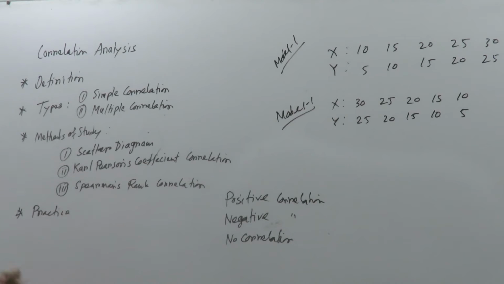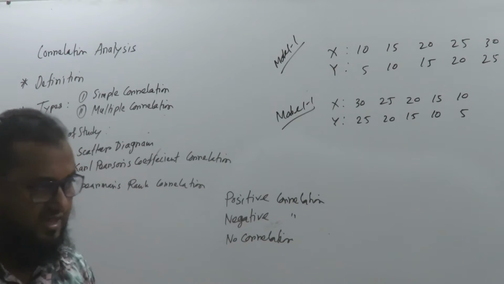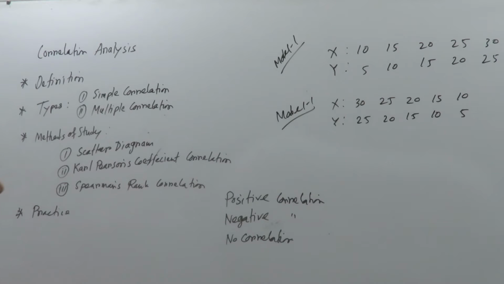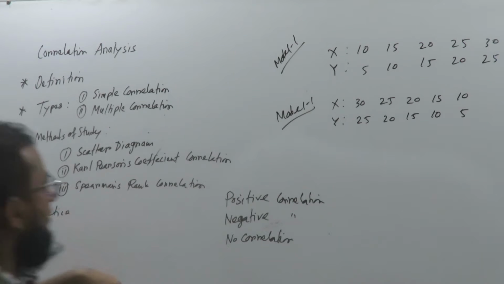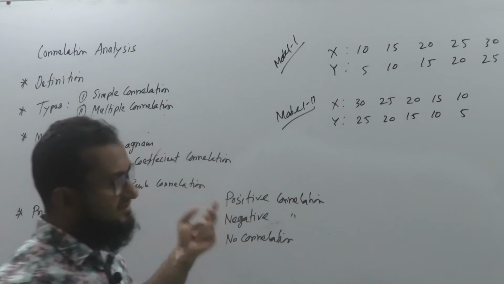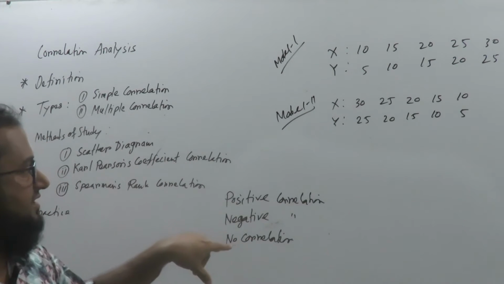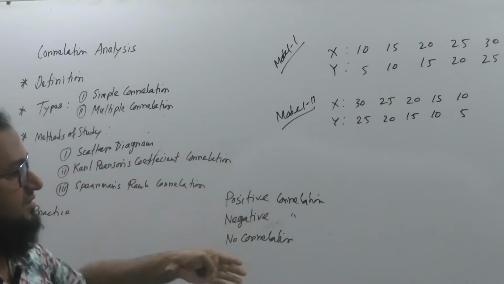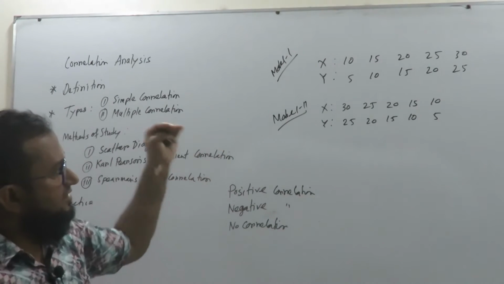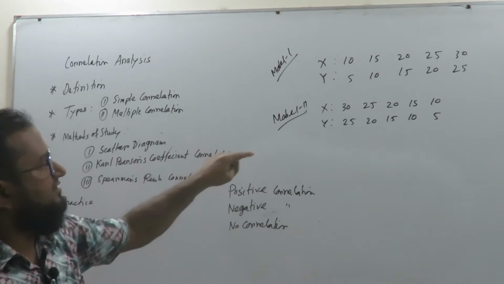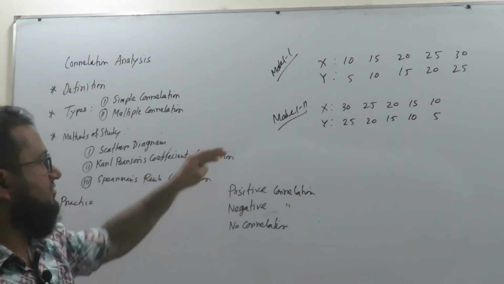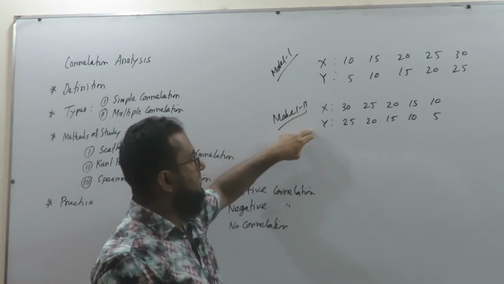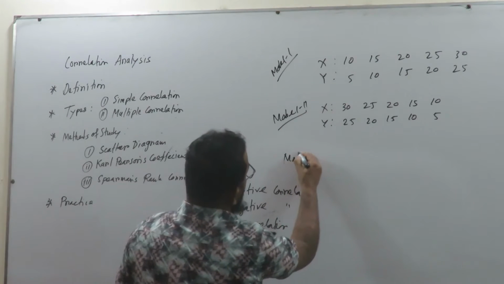Positive correlation means when x increases, y also increases. In model 2, when x decreases, y also decreases. This is called positive: x is moving, y is following in the same direction. So both are positive.